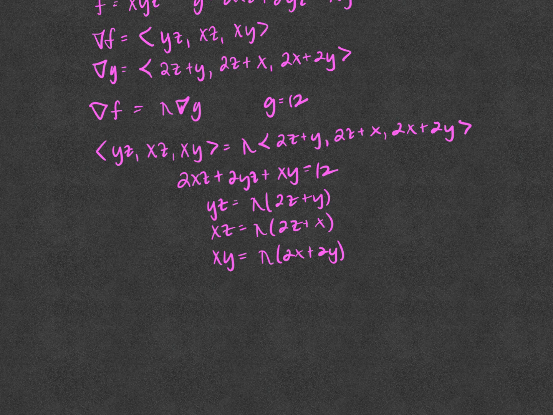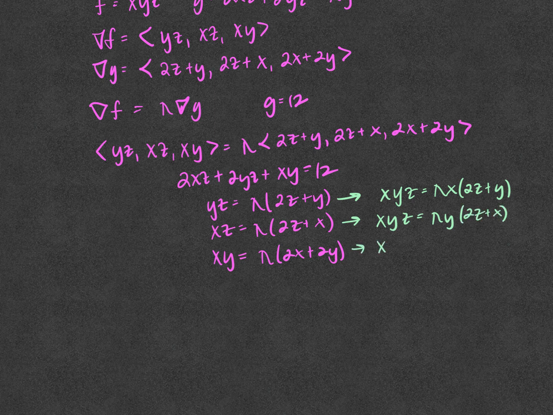I can see it would be easy to have xyz on the left side of each of these. So let's multiply the first by x: xyz is equal to lambda x times 2z plus y. Let's multiply the second by y: xyz is equal to lambda y times 2z plus x. And the third by z: xyz is equal to lambda z times 2x plus 2y.